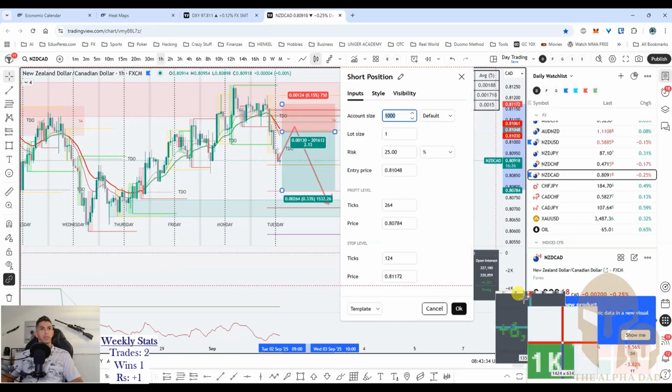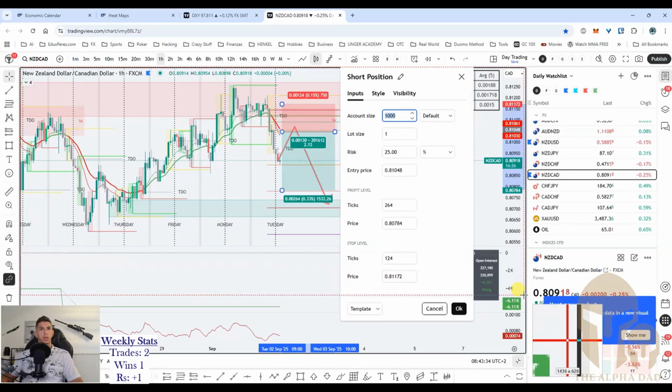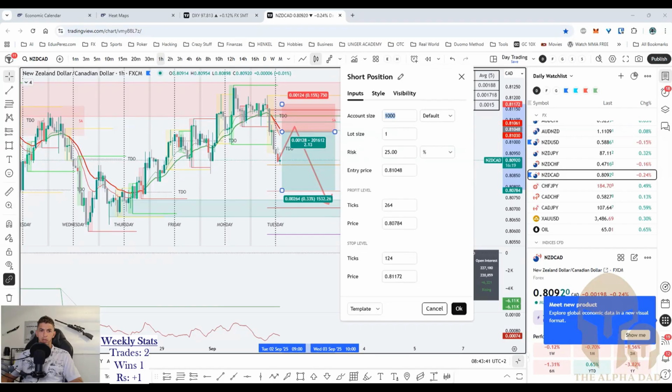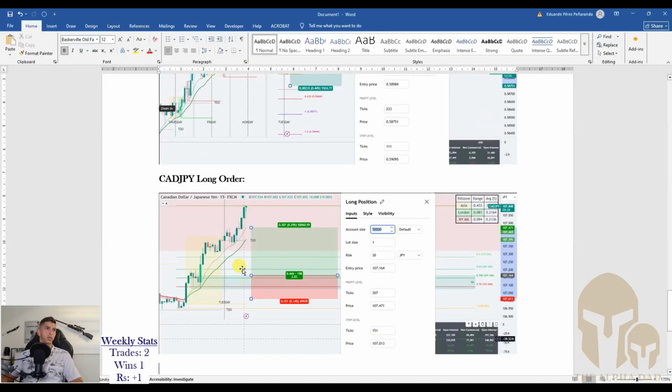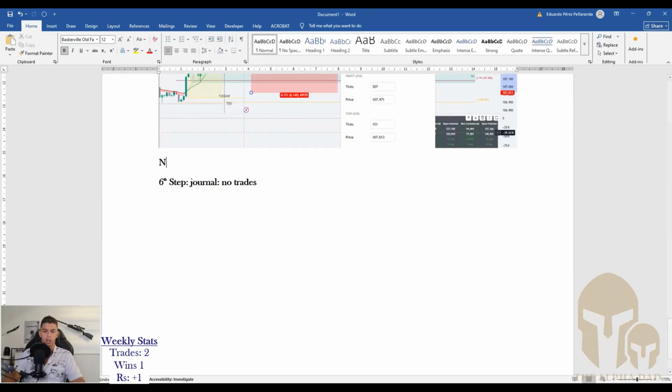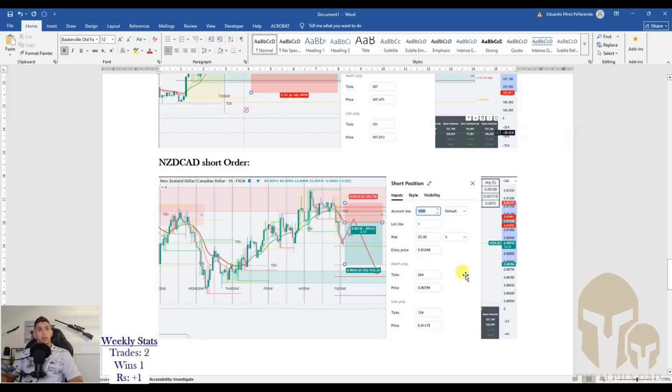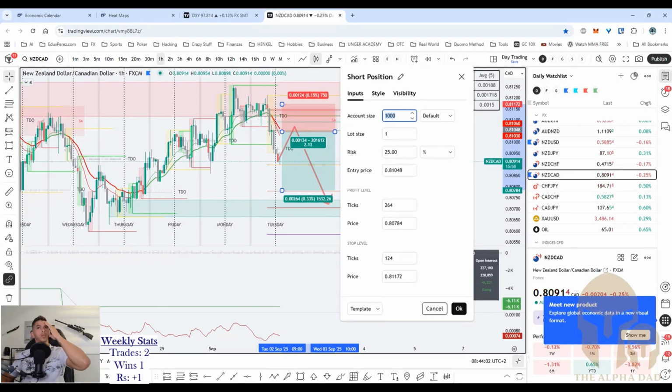NZD CAD. Wow, many trades for today. Many orders at least. NZD CAD short. And let's go to CAD JPY, right?